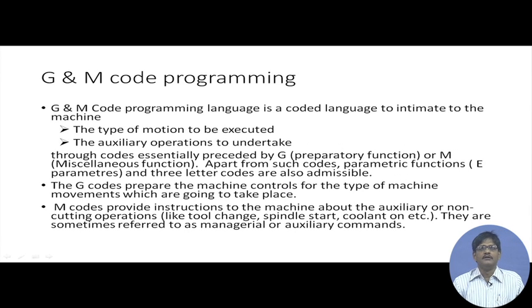First of all, the basic simple way of communicating to the machine control unit about the motions and operations to take place is G and M code programming. Some basic codes are written down, and the G and M code programming language is simply to get the motions that are to be executed and also the auxiliary operations.